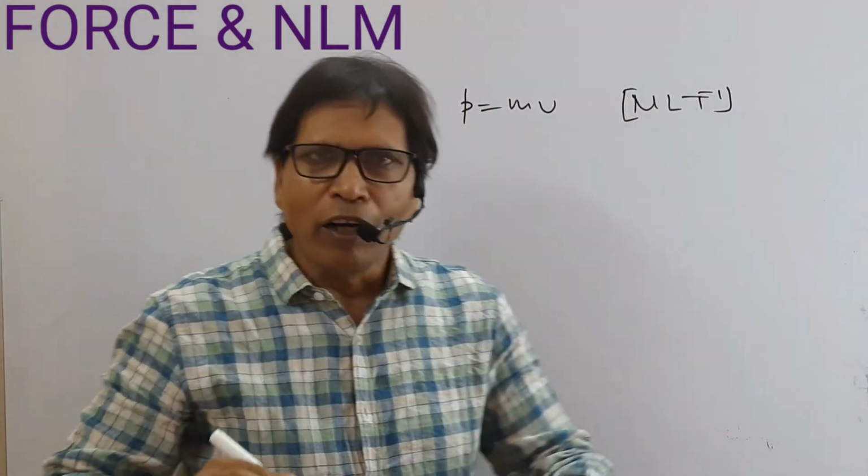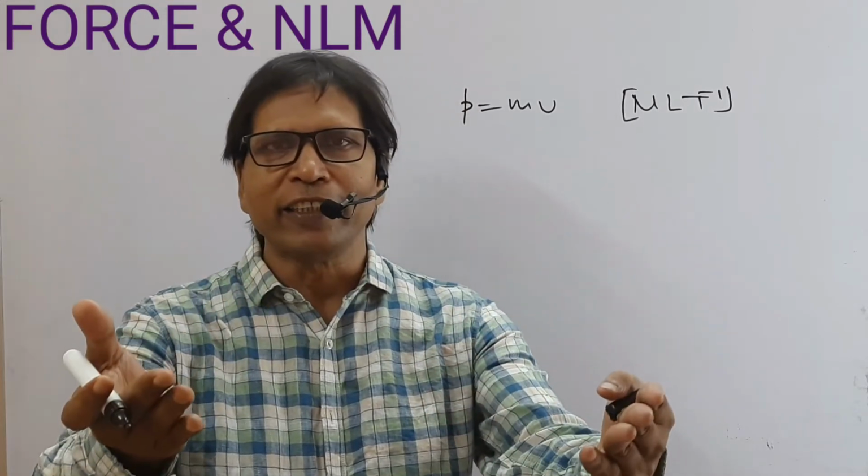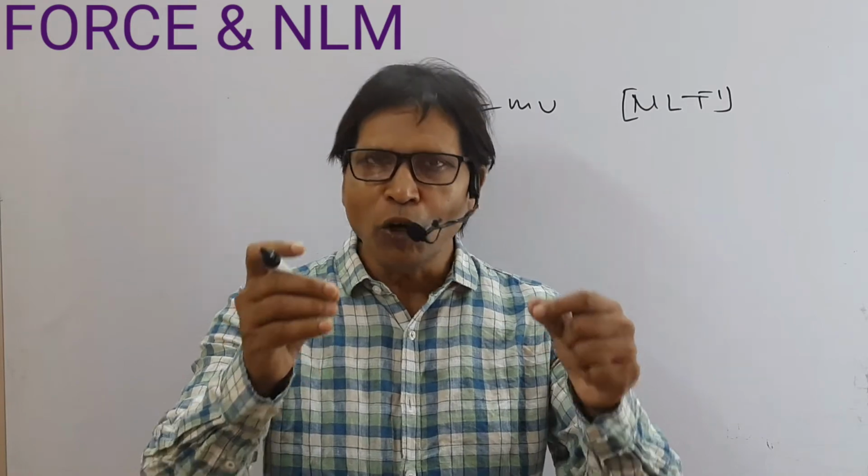Okay. Now Newton's second law of motion. The rate of change of linear momentum is directly proportional to the force applied on it, and the change takes place in the direction of the applied force. So look at this.